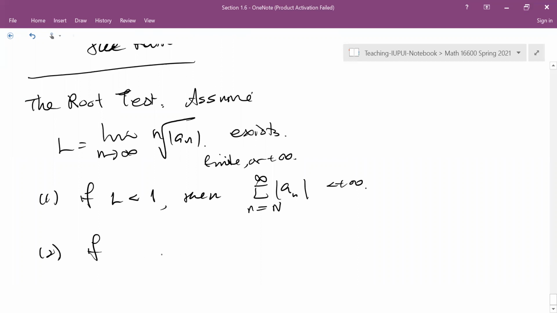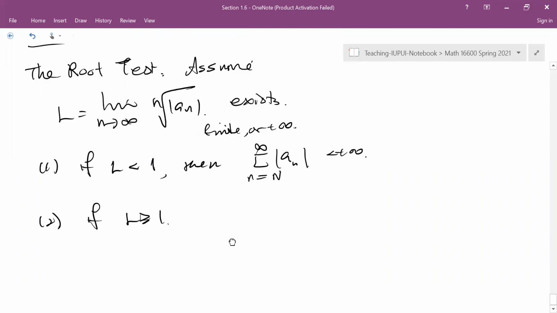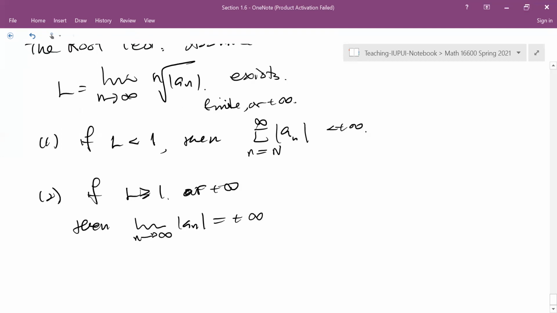If L is greater than 1 or infinity, then actually the nth term does not approach 0. So the nth term is going to be positive infinity, and that implies the series is divergent.